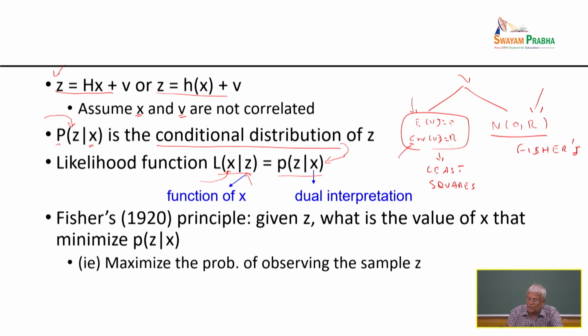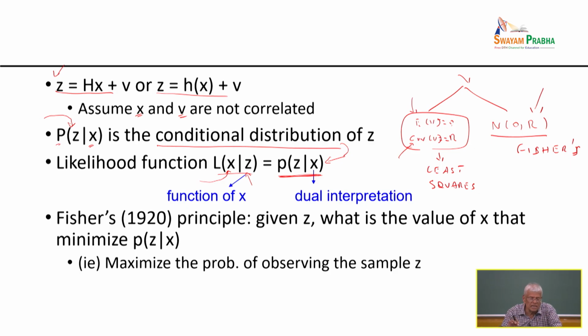So he considers the same function as a likelihood function when considered as a function of x for a fixed z. Fixed z means what? A given sample, and which is the same as the conditional distribution. So conditional distribution and likelihood function are one and the same, except which one is considered conditioning, which one is considered to be a variable. So as a function of x, it's called the likelihood function.